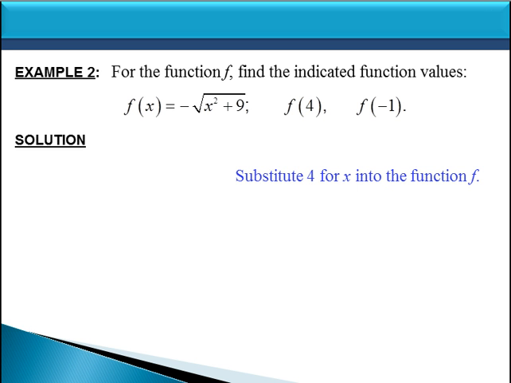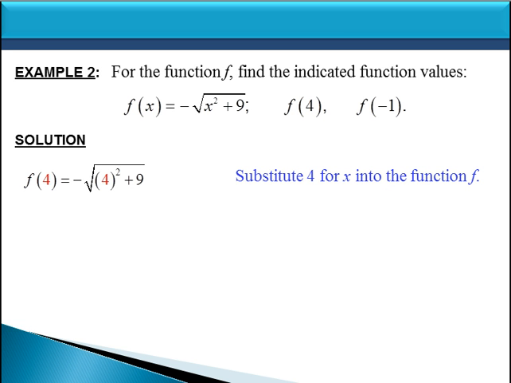So f of 4 would be equal to what we get when we replace x with 4. So we would have negative square root of 4 squared plus 9. Then we have to simplify that expression to find out what f of 4 is equal to.